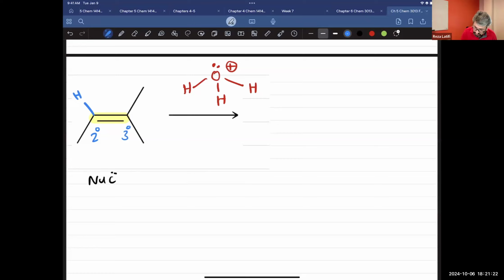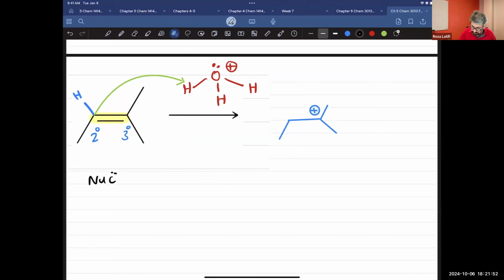So technically, the carbon on the left side is going to attack the hydrogen ion and take H from it. And the result is going to be this structure. Now we have a positive charge on the carbon that is tertiary.